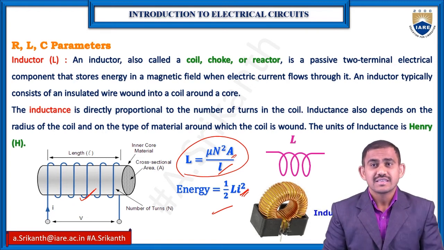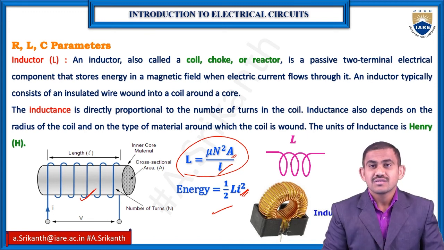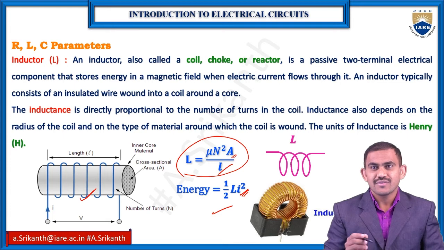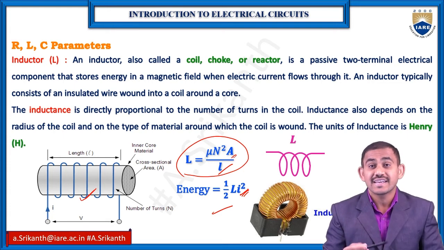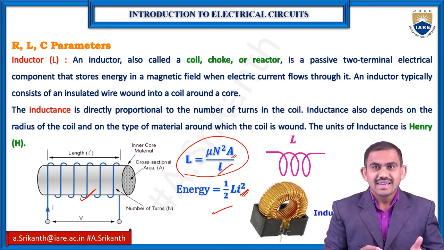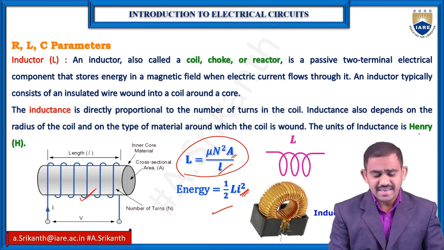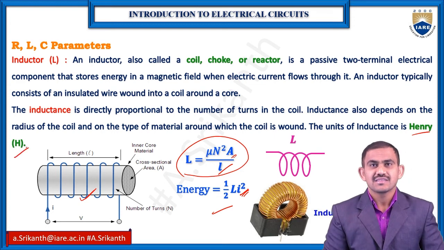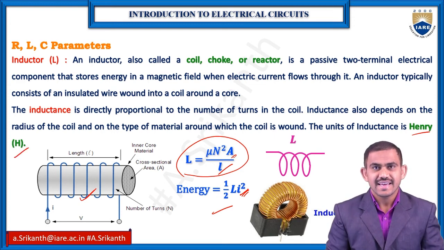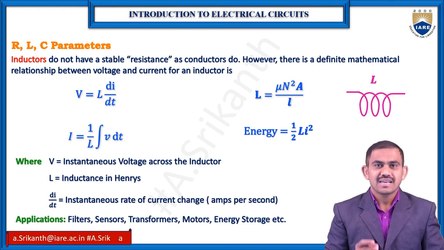Just remember this: an inductor stores the energy in the form of current. When you switch off the fan, it keeps rotating for some time as well as stores energy in the form of current. So this is about inductance, and the unit of inductance is henries, H.